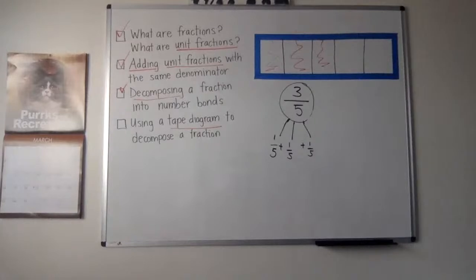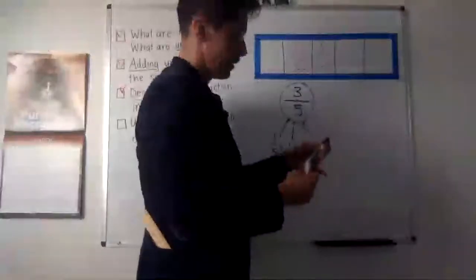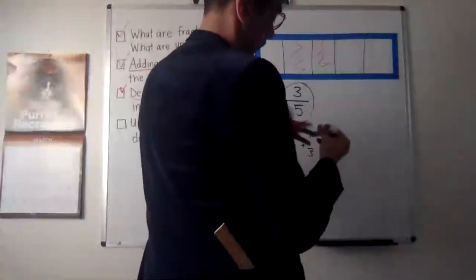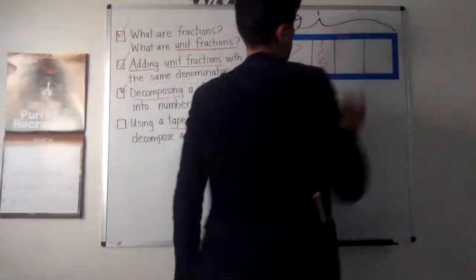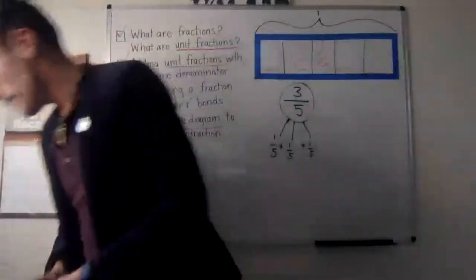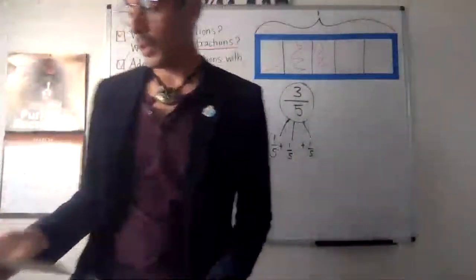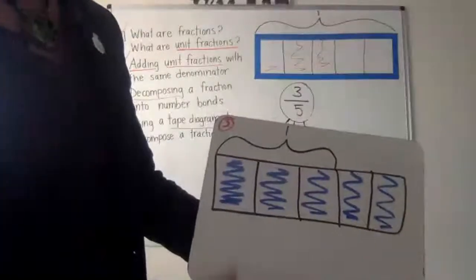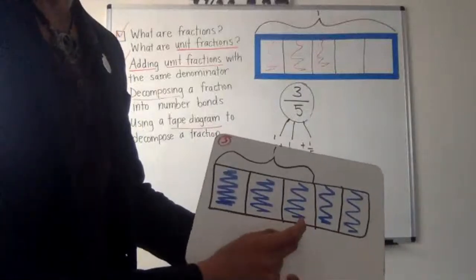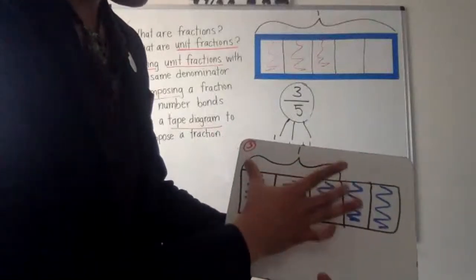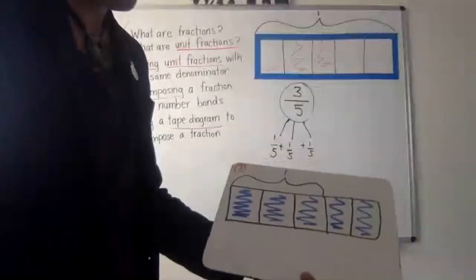Think about this. This whole fraction is my 1 whole. But what if you were to have a tape diagram where the 1 whole is made up of 1, 2, 3 pieces.